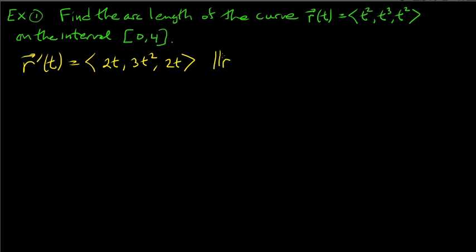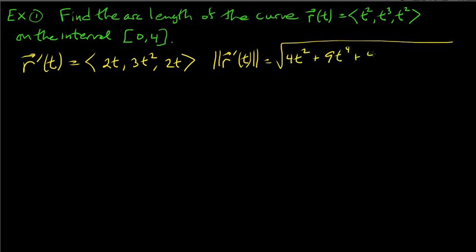And then the norm of the derivative will just be the square root of 4t squared plus 9t to the 4th plus 4t squared. And 4t squared plus 4t squared is 8 times t squared. So I think we get the square root of 9t to the 4th plus 8t squared.